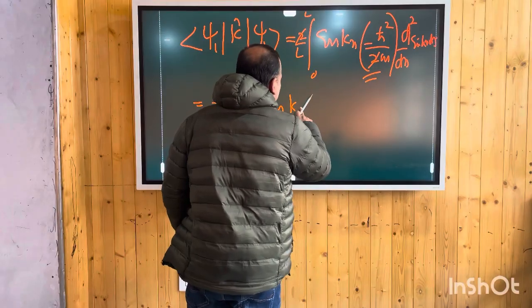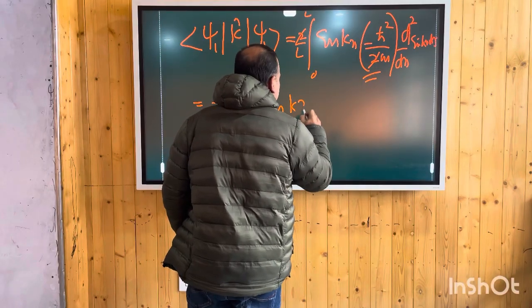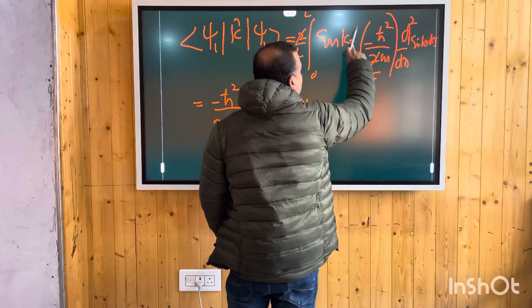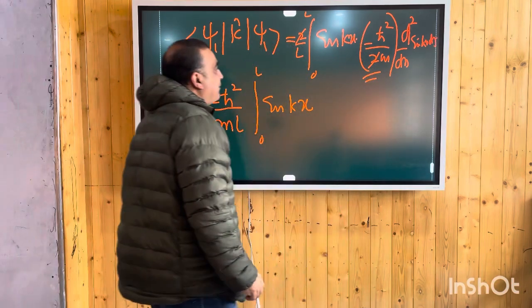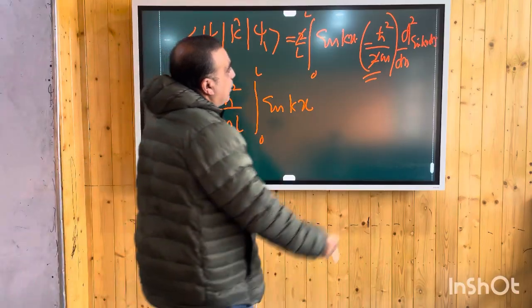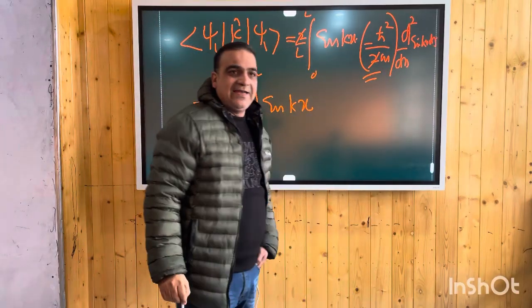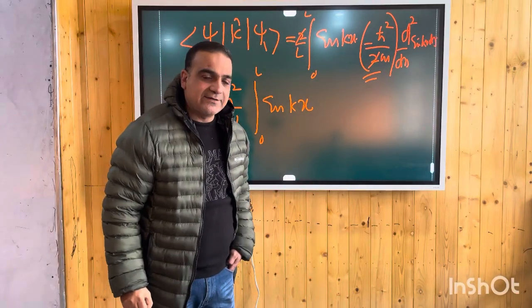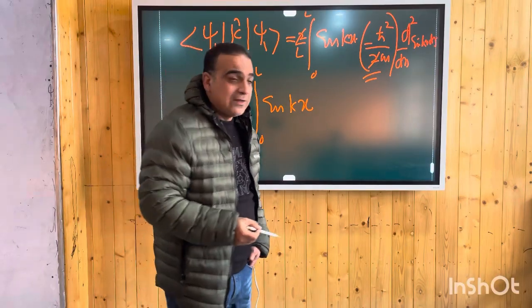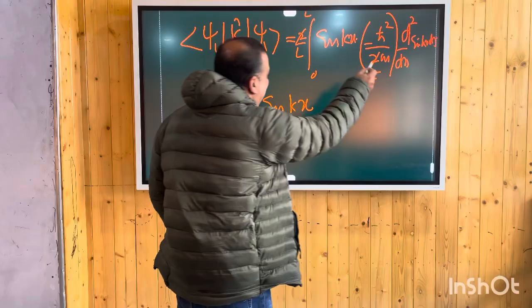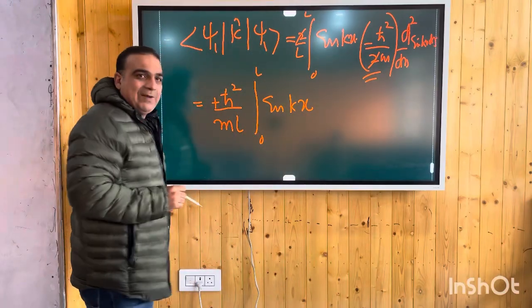This is not the subscript, this is just a multiplied x. Don't take it as a subscript. So you multiply it by x. So you take the derivative of sine kx, it will give you cos kx. Then the derivative of cos kx will give us minus sine kx, and that minus will make this whole thing plus.